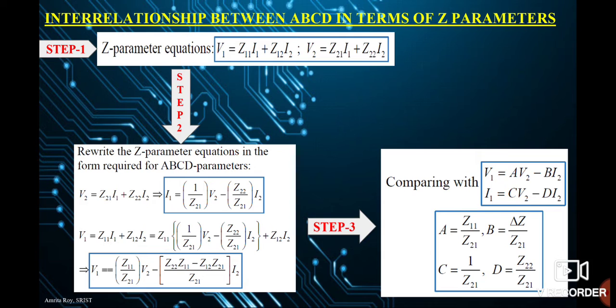So we will get the equation of V1 as Z11 by Z21 into V2 minus (Z22 into Z11 minus Z12 into Z21) divided by Z21 into I2. So if we compare it with the ABCD parameters, we will get A equals Z11 divided by Z21, B equals delta Z divided by Z21, C equals 1 by Z21, and D equals Z22 divided by Z21.